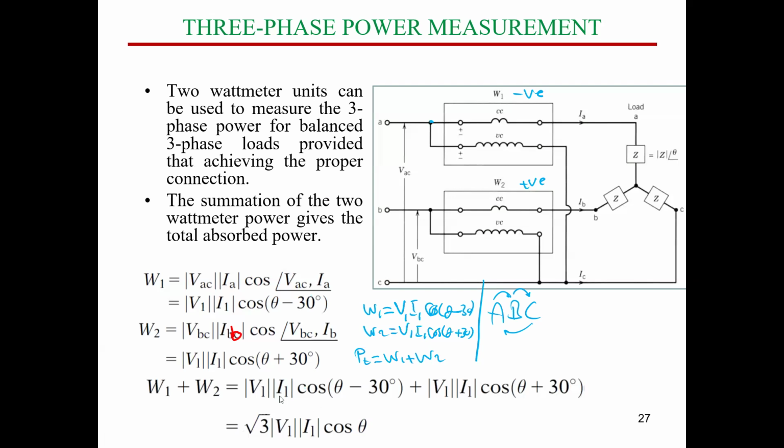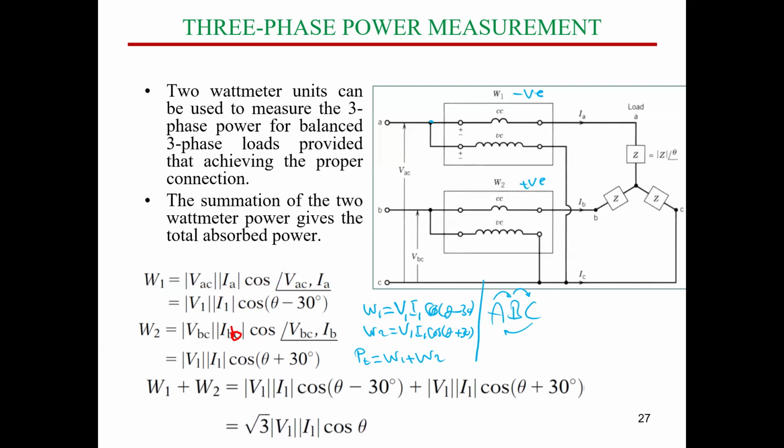So if you have V1 I1 cosine theta minus 30 plus V1 I1 cosine theta plus 30, you know that there is a relation for cosine A plus B or cosine A minus B. If you use these relations here, you will end up with the total result being root 3 times V line I line cosine theta.